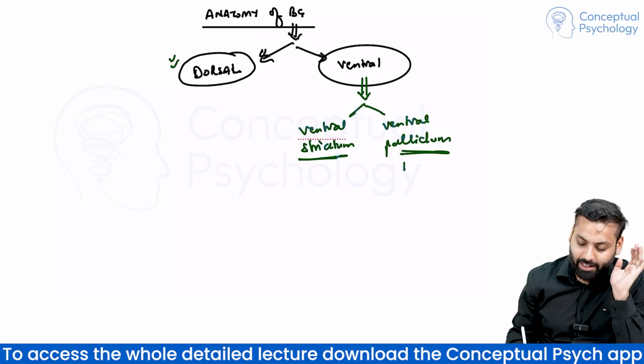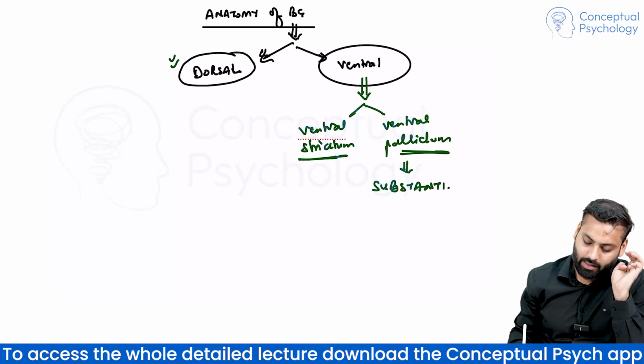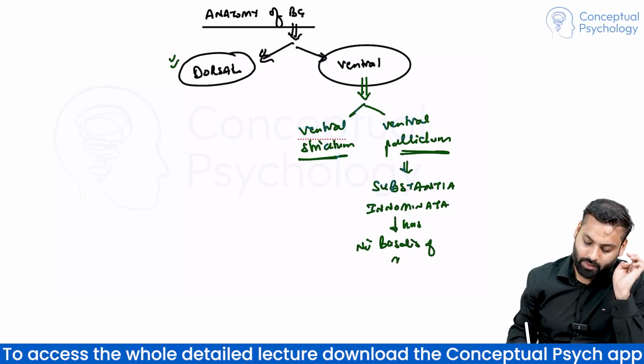The ventral pallidum contains substantia innominata, which has nucleus basalis of Meynert, which contains cholinergic fibers.